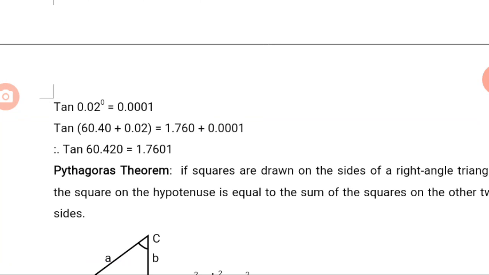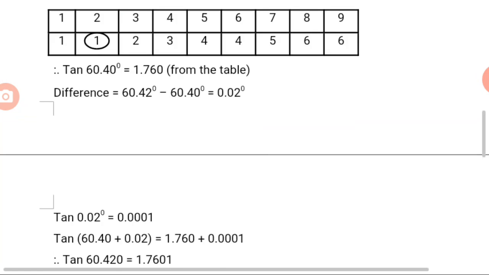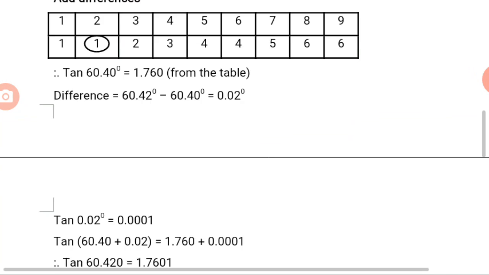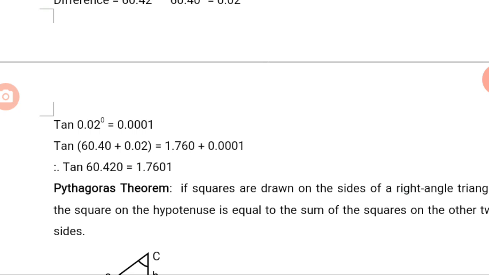Therefore, tan 0.02 degrees will give us 0.0001. That is, the difference is 2. Look at difference 2. Under difference 2, we see 1. That is why I circled that 1. So we now write it in 4 figures. So it will be 0.0001.